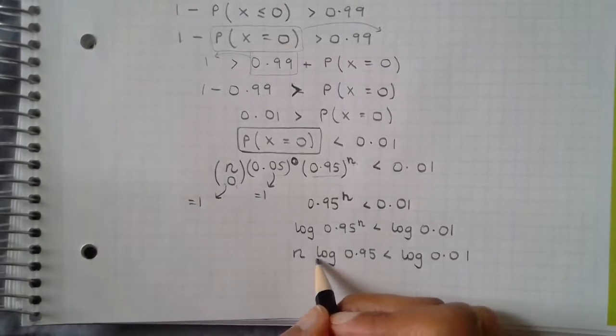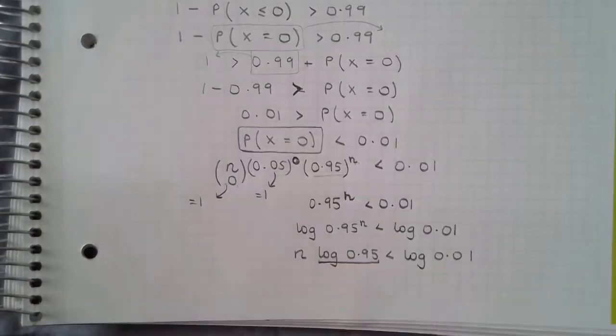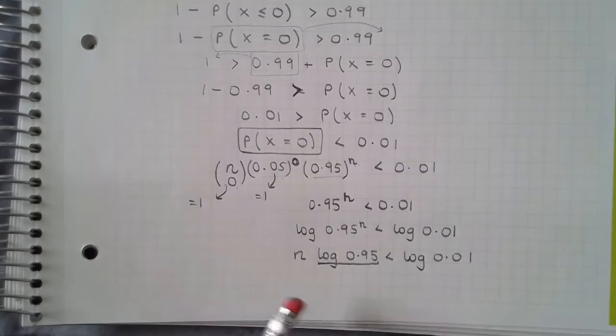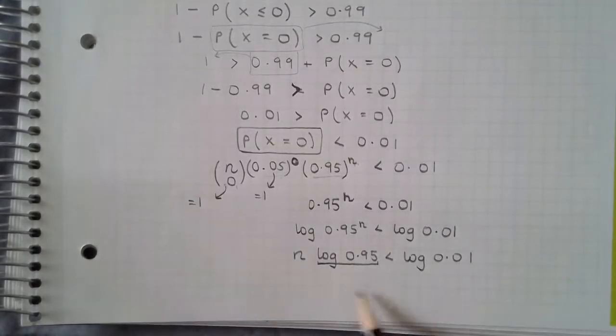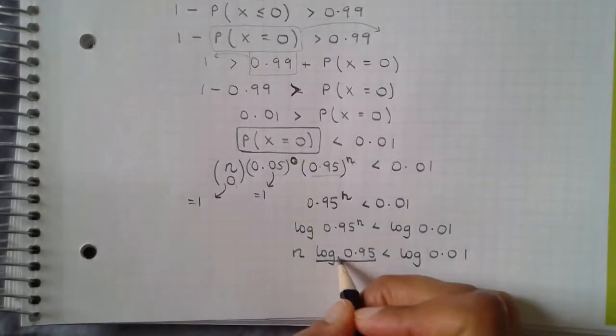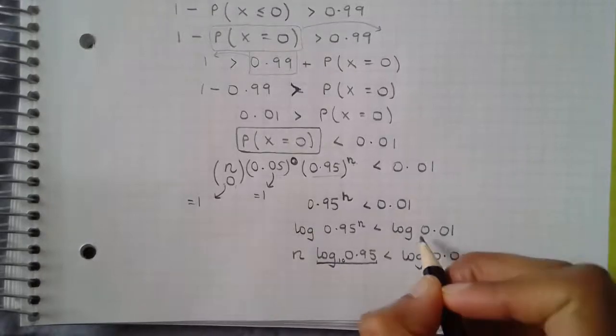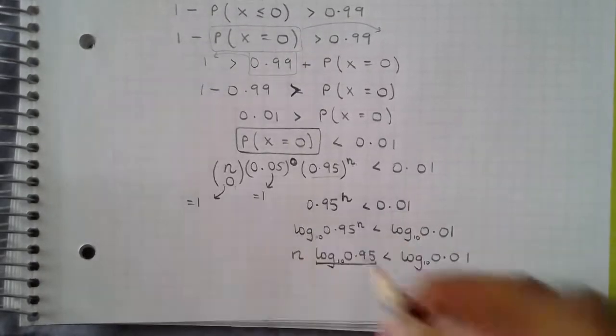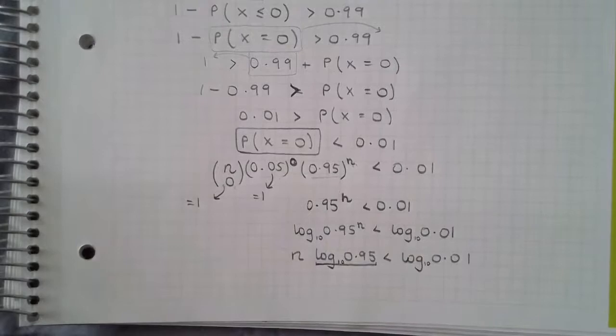Now, whenever you divide by a log, it's best to check what number that gives you. I'd like you all to put log base 10. In your calculator you may have a little base, and we are just dealing with base 10 here. If you put log base 10 of 0.95 in your calculator, it comes out with a negative number.